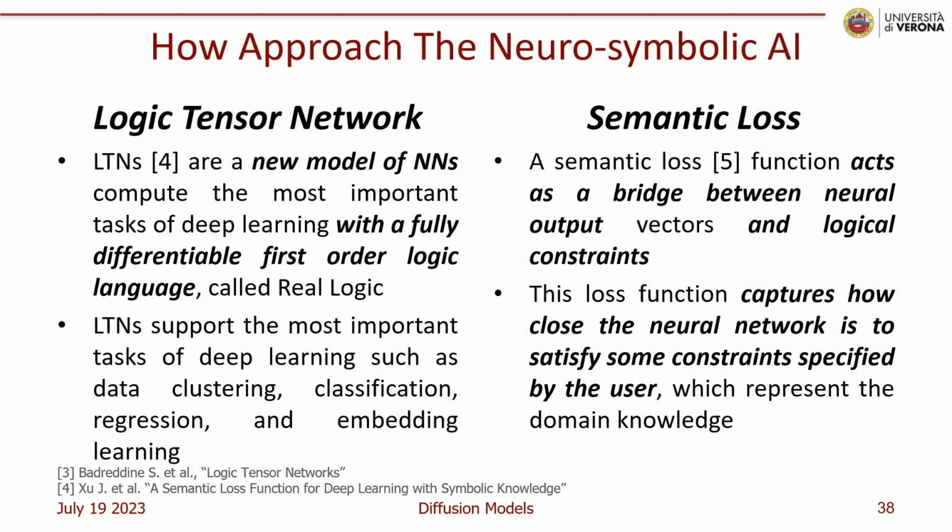The other one is the semantic loss. A semantic loss is a loss function that acts as a bridge between our neural output and the logical constraints. It captures how close the neural network is to satisfying some constraints that we put inside our loss.